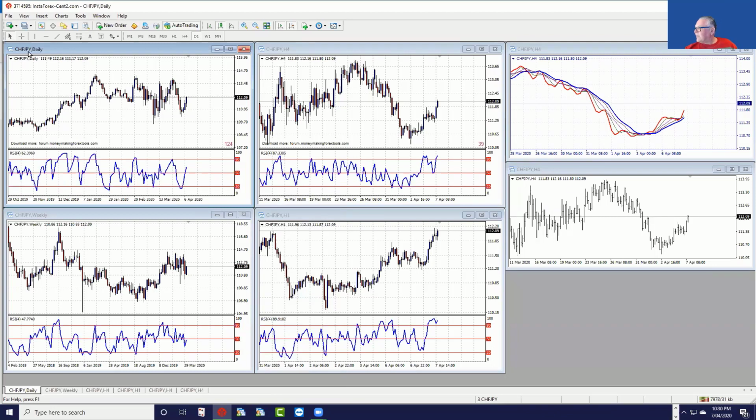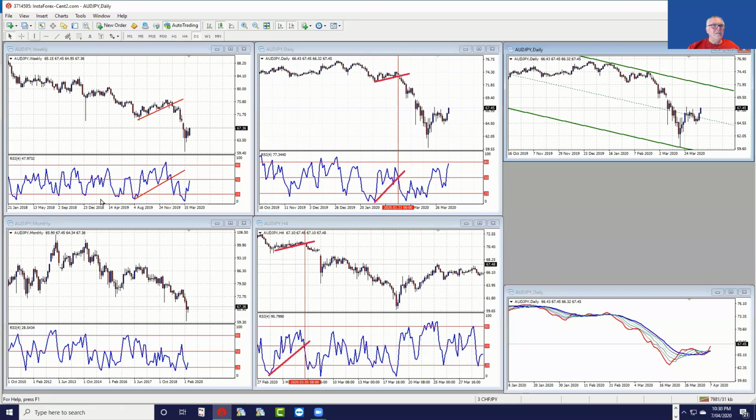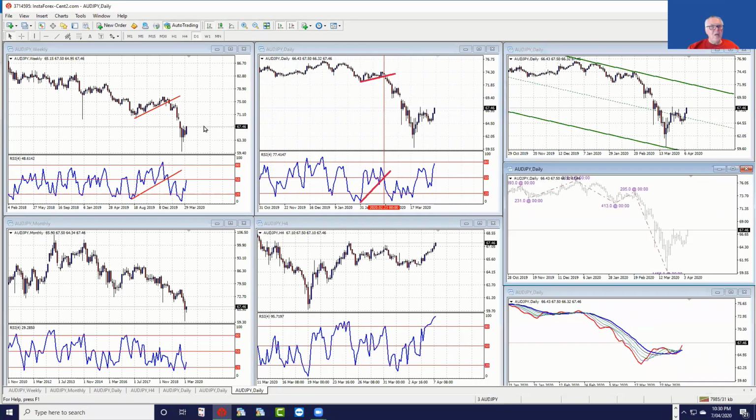I've skipped currencies. You were talking about the Aussie yen, not the franc yen. But there we go. So let's have a look at the Aussie yen, because I want to make a point about some of these crosses. Aussie yen. Now that should have lower volatility.